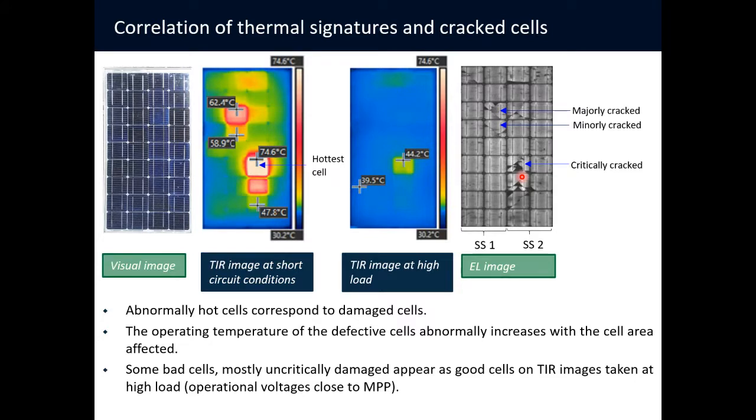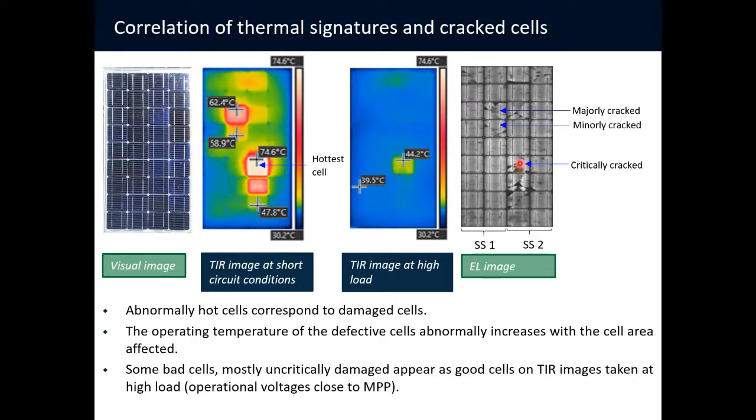But if any defect or anomaly on a cell is not causing a significant current mismatch, then that cell will not appear as a hot cell on TIR imaging.